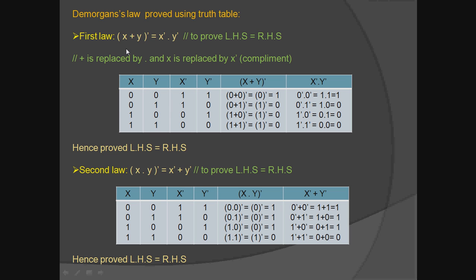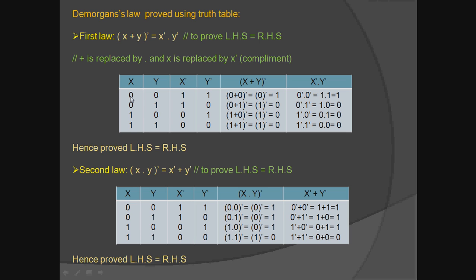When we have two variables, in the truth table, represented using rows and columns, it can form four possible combinations of rows: 0 0, 0 1, 1 0, 1 1. So no more than this can be found, right?